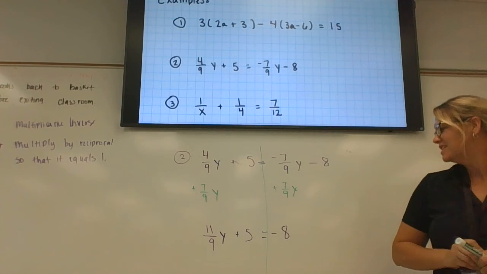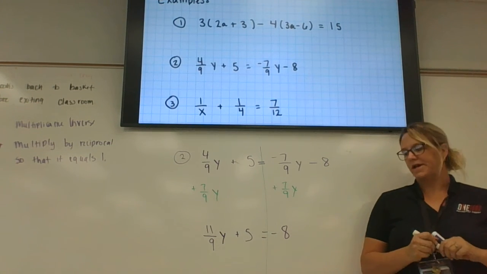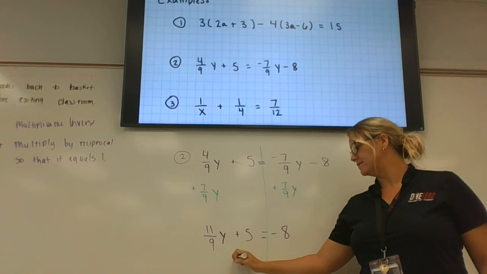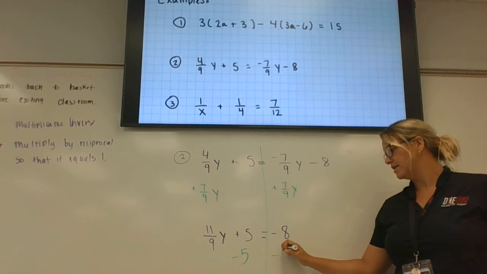Okay? All right. So now the constants should be on the same side of the equal line. It's a +5, so we'll cancel it here by subtracting it.